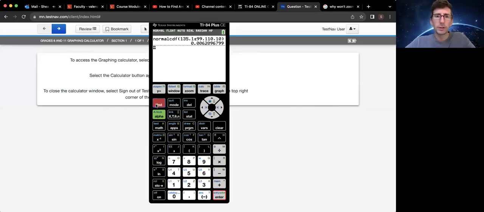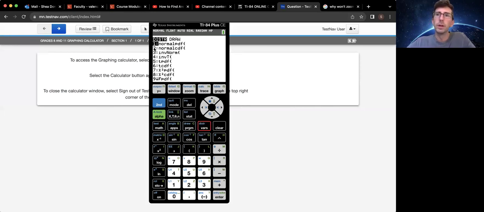So how can we do this in our calculator? Let's pull it up. We can go to second var, to the distribution list, as we have been. But this time we don't want to choose normal CDF. Normal CDF gives you an area under the curve when you know that value on the x-axis.